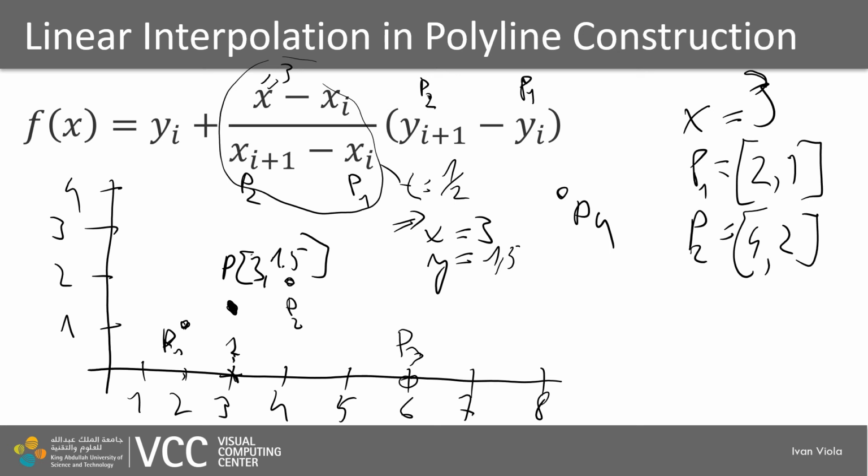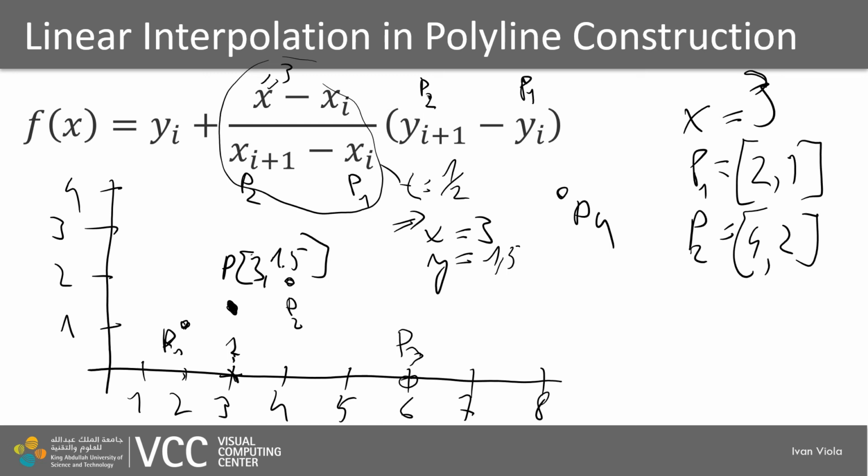We can recognize perhaps that previously we have been dealing with the parameter t. Here we didn't have the parameter t at the beginning, but it became a parameter t once we started to evaluate this fraction of the axis, because we ended up with a t of 1/2 between these two known points.